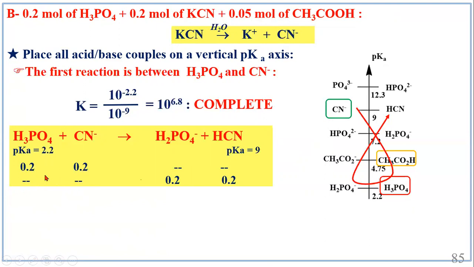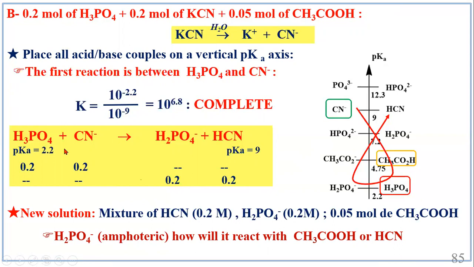So there's not going to be anything left over out of them, and all of them will become converted into 0.2 and 0.2 of the HCN. Now, if they are different here, we take the excess reagent, which will be left over, and the limiting moles is the one that's going to be the change. So the product will be only the limiting amount.